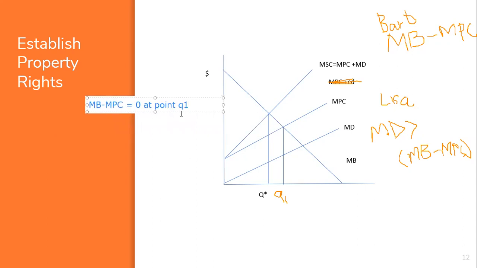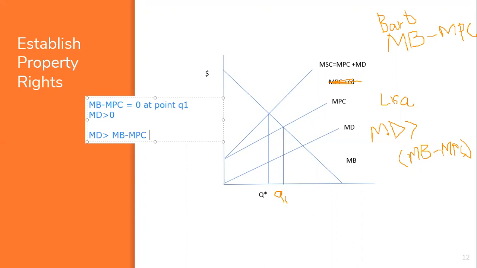While MD is positive, MD is greater than 0, which means that MD is greater than MB minus MPC, right? Now there's a point where there's a scope for bargain, right?